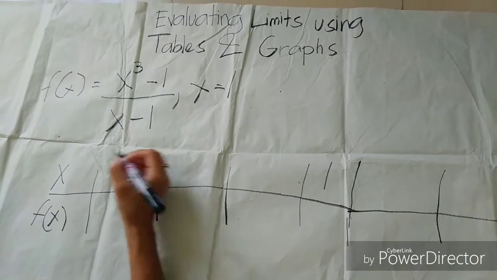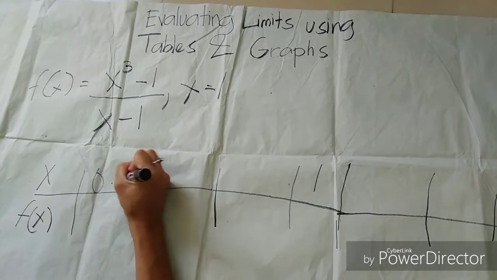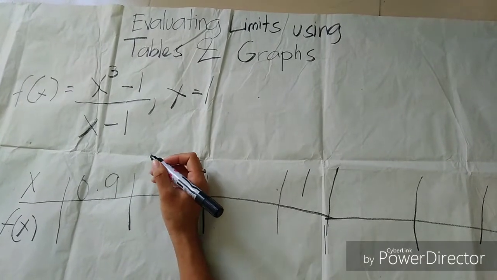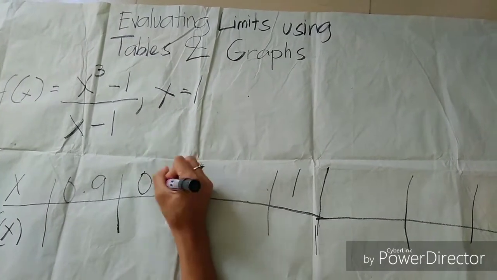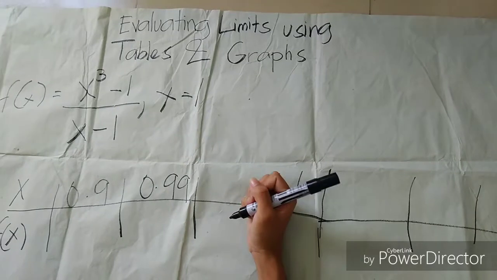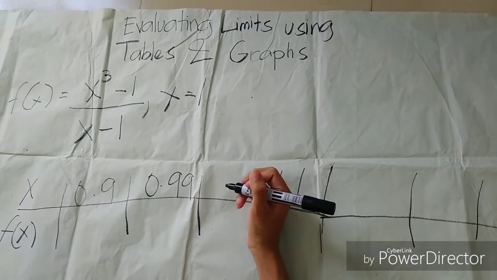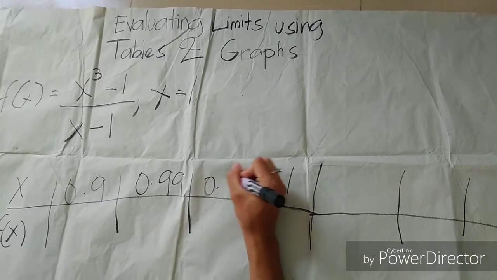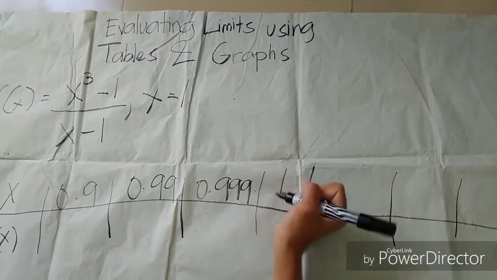We start at 0.9, closer to 0.99, and even closer to 0.999.